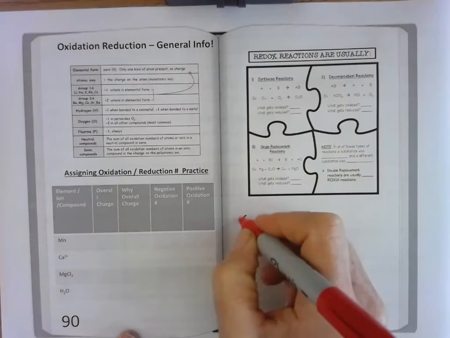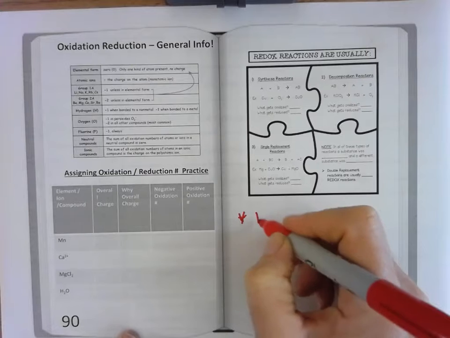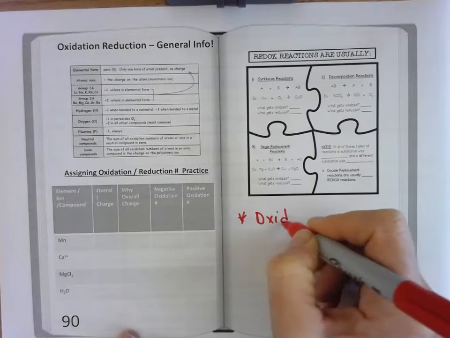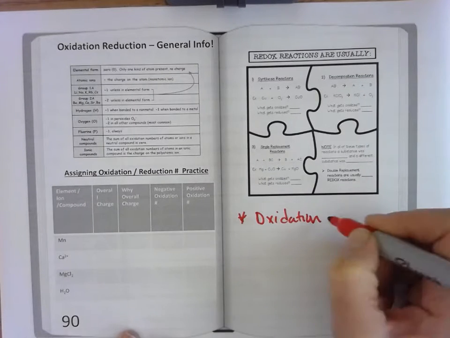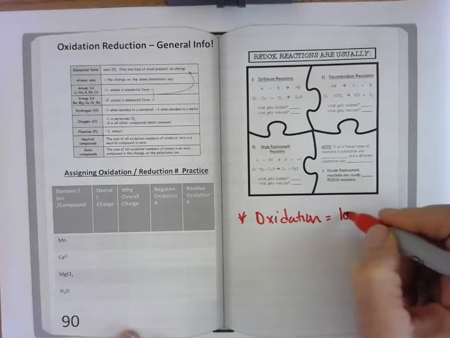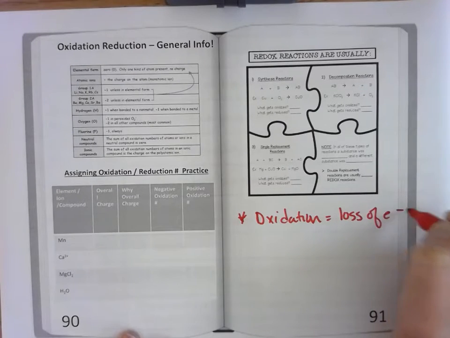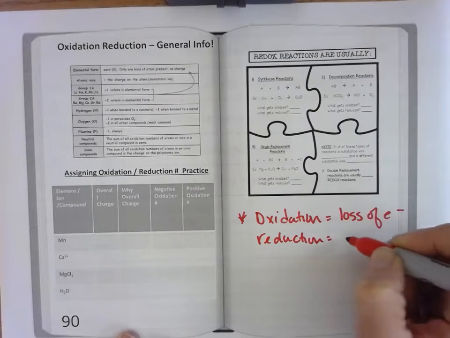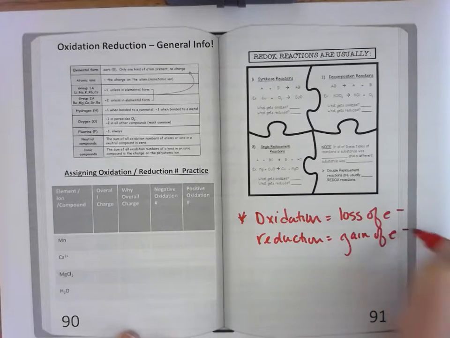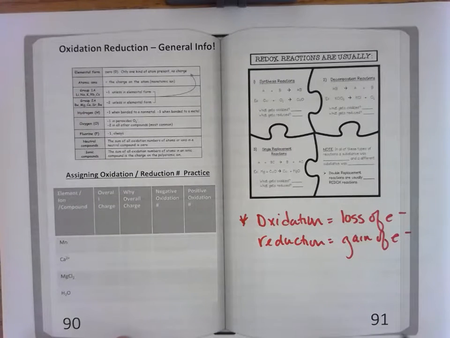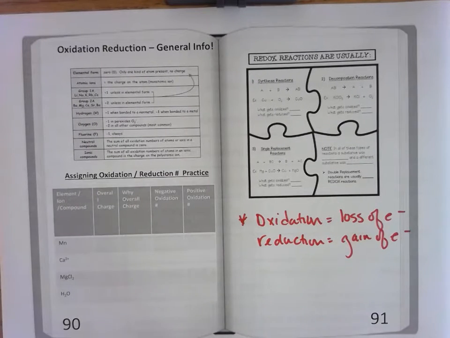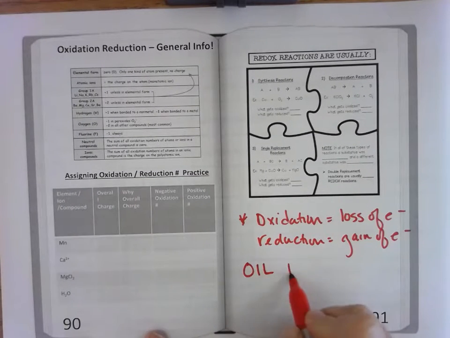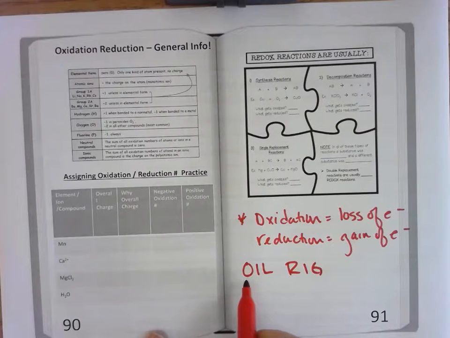I would like you to write that oxidation equals loss of electrons, and reduction is equal to gain of electrons. We use the acronym OIL RIG. Oxidation is loss, reduction is gain.